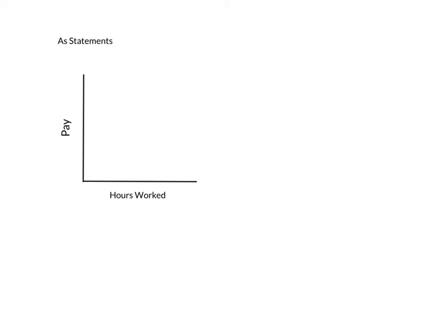Our first example here is going to use hours worked and the pay that you would receive. So we know that if you were to work 0 hours, you're not going to make any money. But for every hour you work, you're going to get paid. In other words, you're going to see an increase as you work more hours.